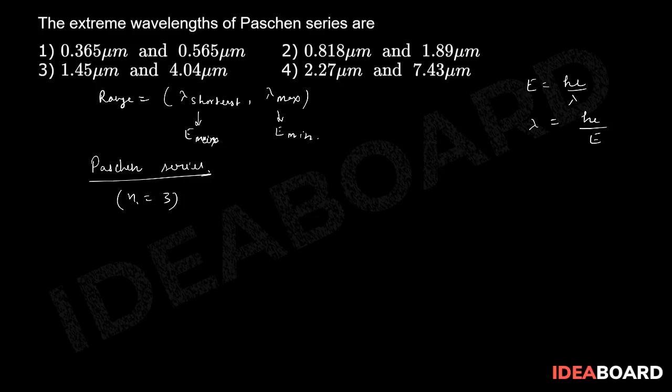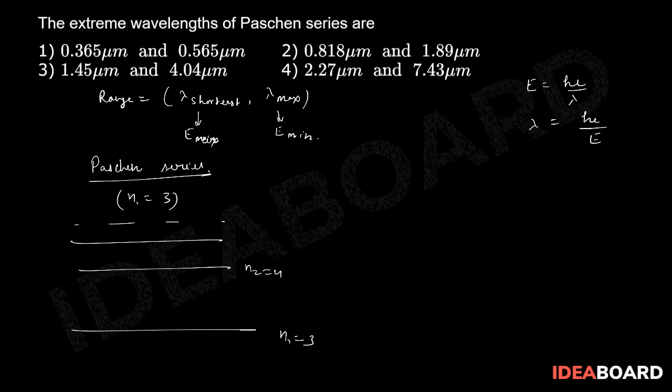So basically we have n1 is equal to 3, n2 is equal to 4, 5 and so on up to infinity. If n2 is infinity, that will give you the E max, and 4 to 3 will give you the E minimum.